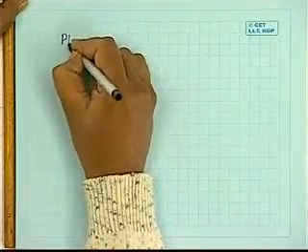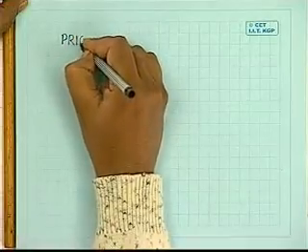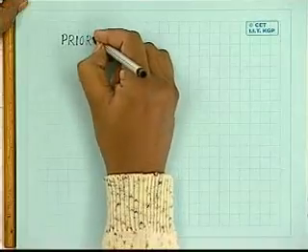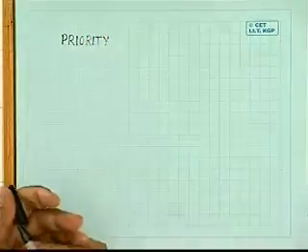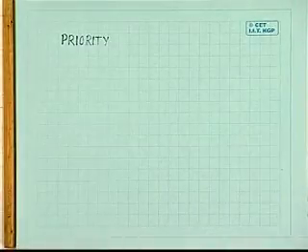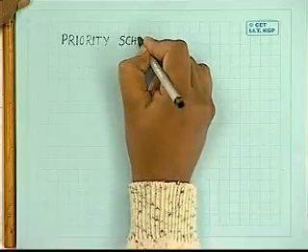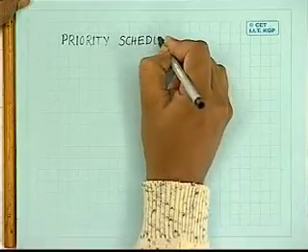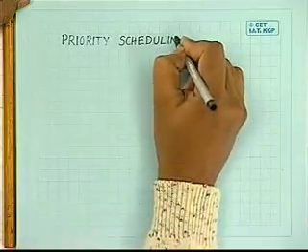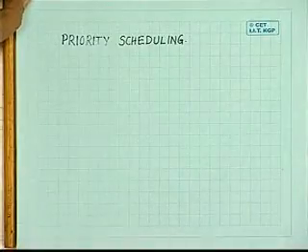Now another CPU scheduling or process scheduling that can be used is what is called priority scheduling. What is this priority scheduling?